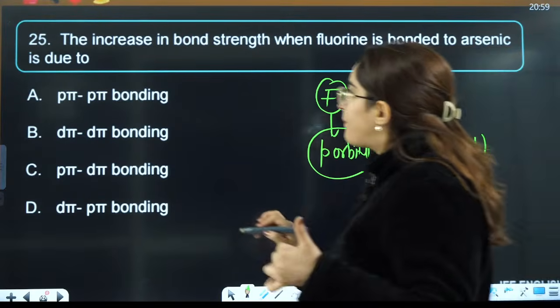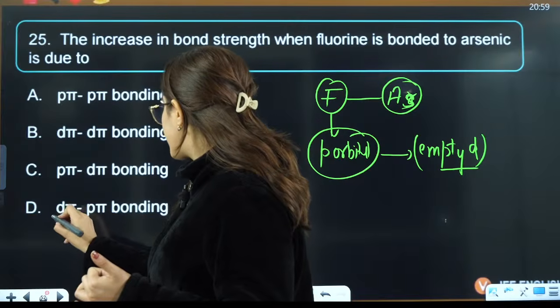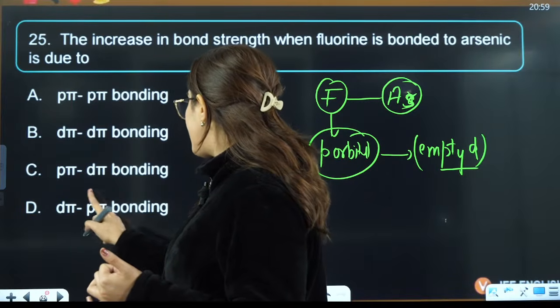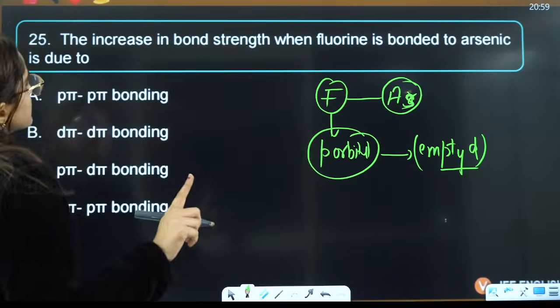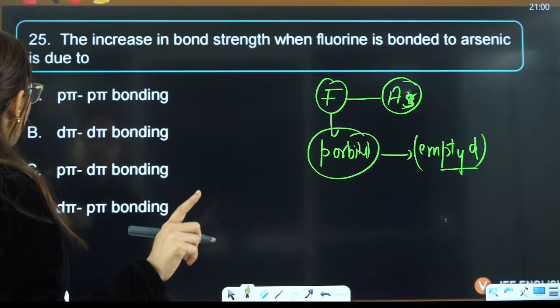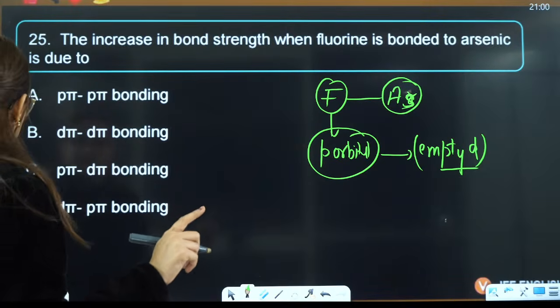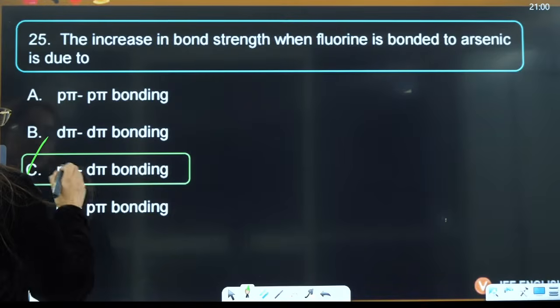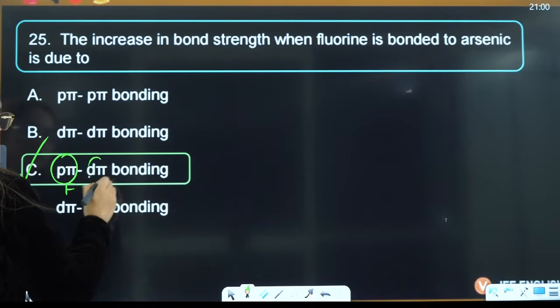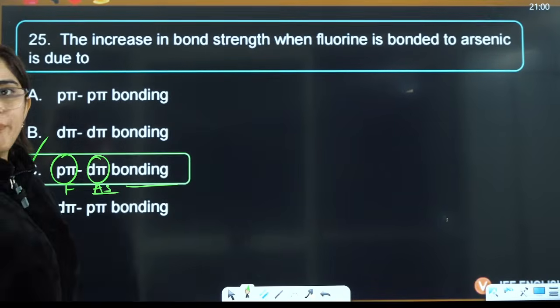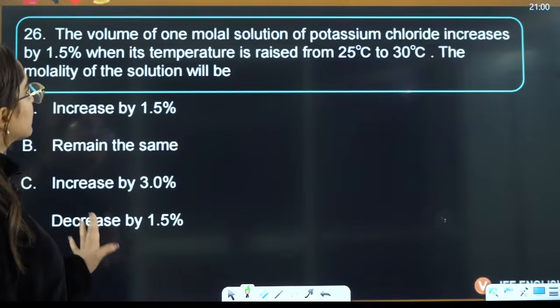So p pi d pi bonding will be there. This is for fluorine, this is for arsenic. So p pi d pi bonding will be there.